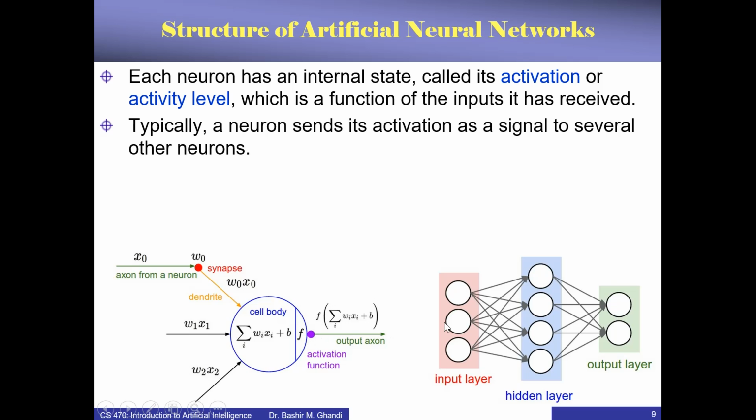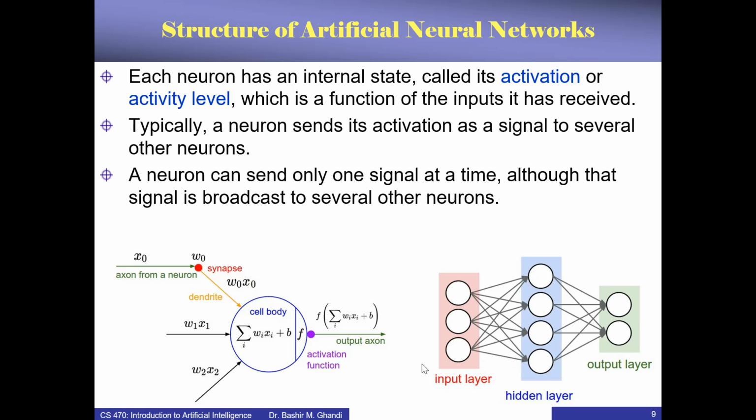As you can see in this network, even though the output is shown here as a single output, usually it is transmitted to several neurons. For example, if you take this neuron, it is transmitting its output to all these other neurons.